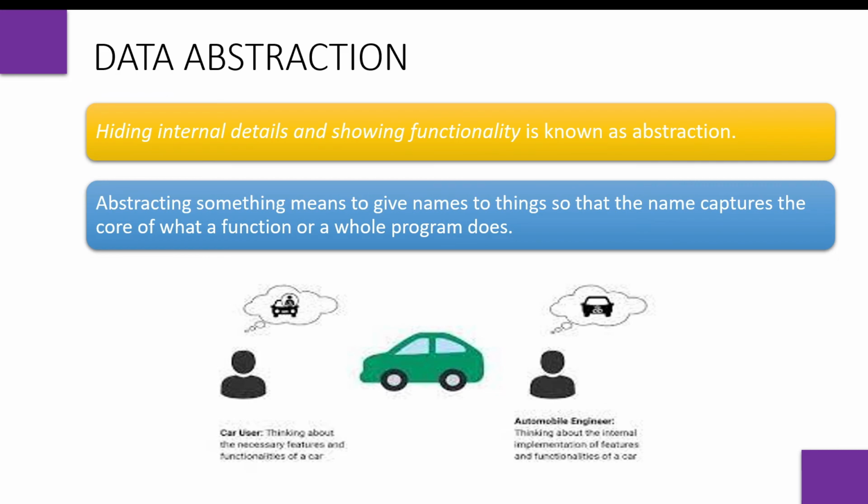If he's putting 2 plus 2 inside the computer code, it should give him an accurate result, say 4. That's all the user should know. He does not need to know the complex functionalities behind the code. So that is the whole concept of hiding internal details and just showing functionality. This is called data abstraction.